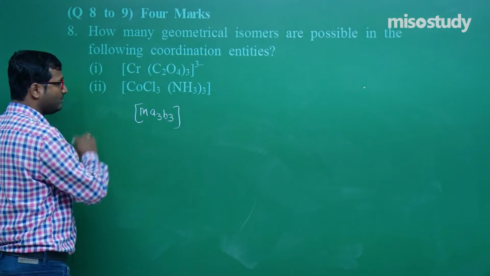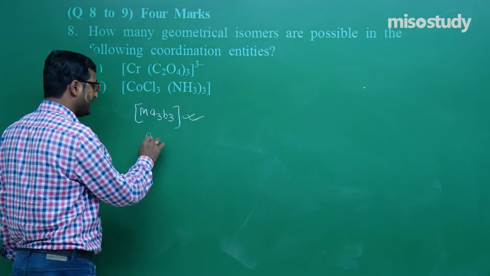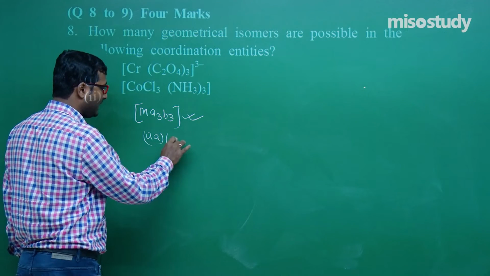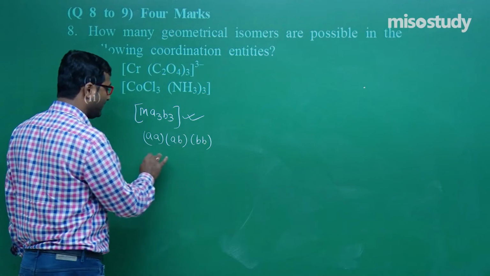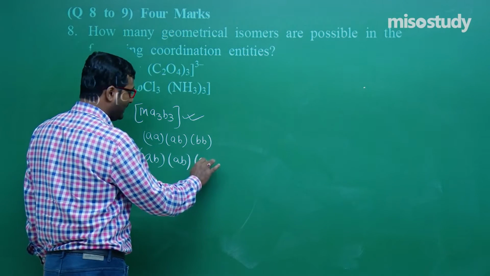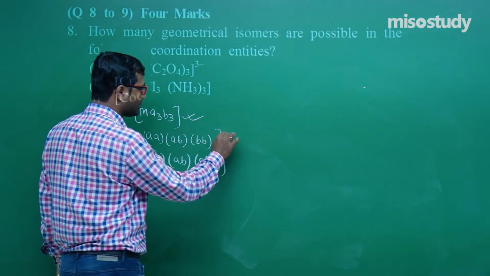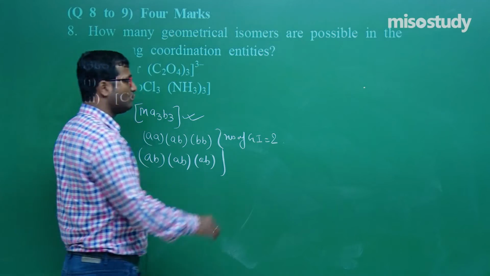For MA3B3, the possible combinations are 2: AA, AB, AA, and BB, my friend, then AB and AB. That is 2 possible combinations. So the number of GI is 2, my friend.